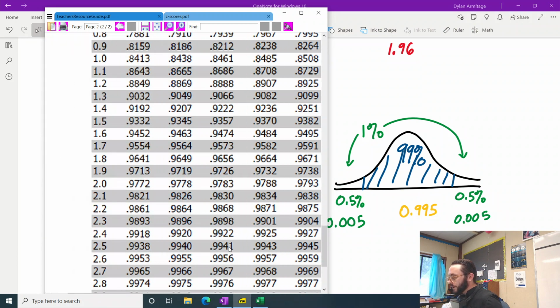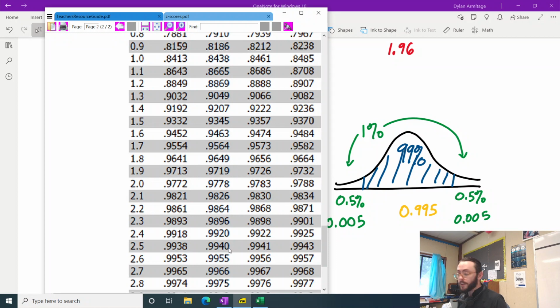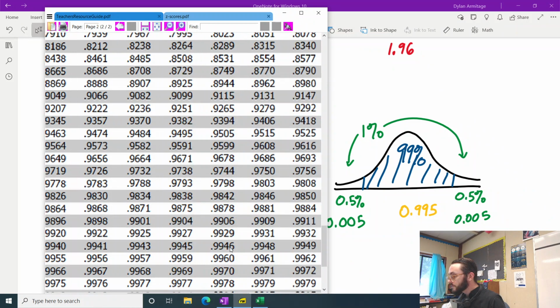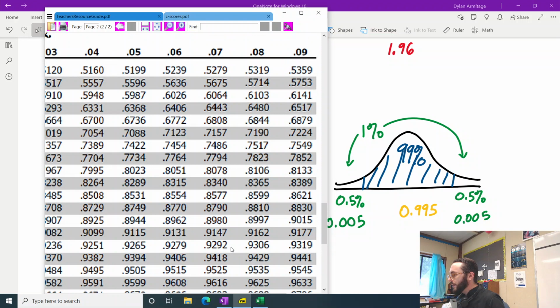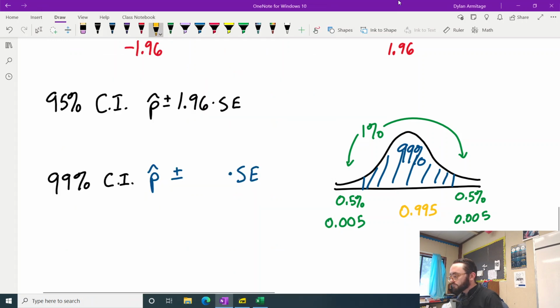But either way, that's in the 2.5, and that is between the 7 and the 8. So that'd be, let's say, 2.57. Or actually, we'll make our confidence interval a little bit wider, 2.58.